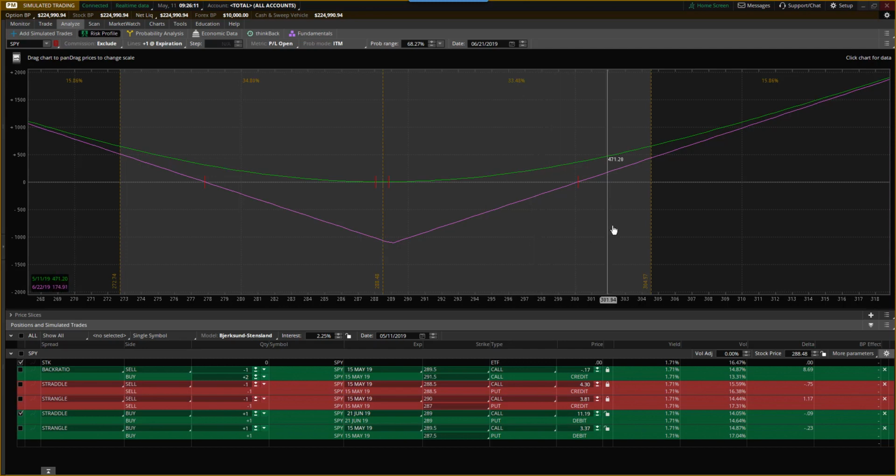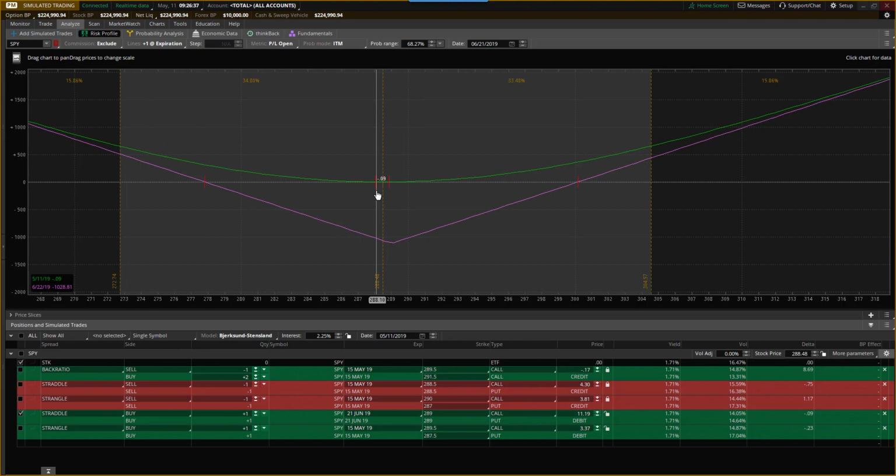And it could absolutely break outside of that. But this is what the norm is, and this is what the normal expected move is for SPY between now and June. So we could see that a strangle or a straddle for June 21, SPY could absolutely give us a very profitable move.